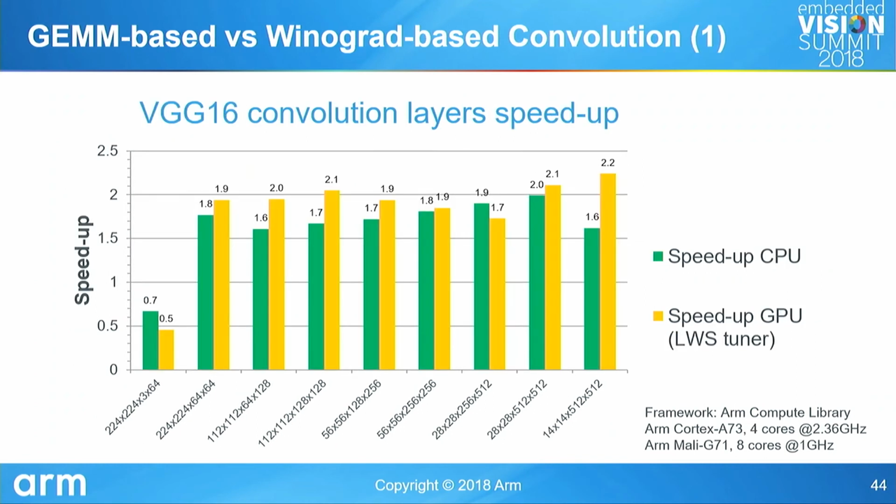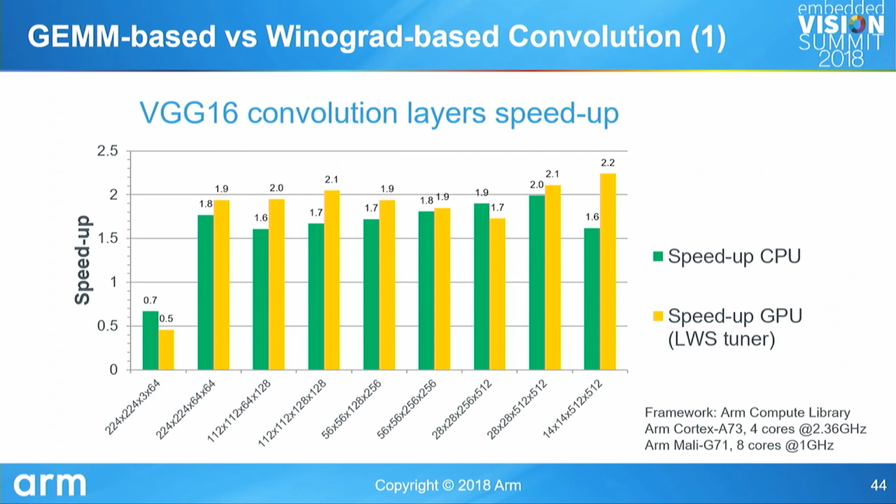What about the speedup of these convolution layers? The theoretical is 2.25, and with this implementation on the CPU and the GPU, we are able to achieve roughly the theoretical maximum value, so essentially around 2.2 for some convolution layers.